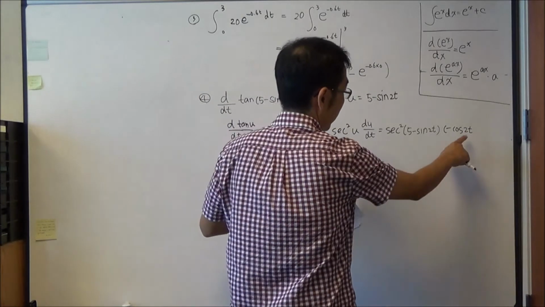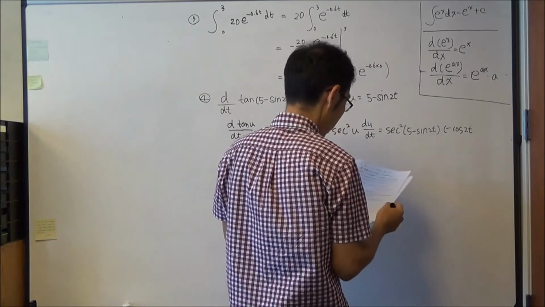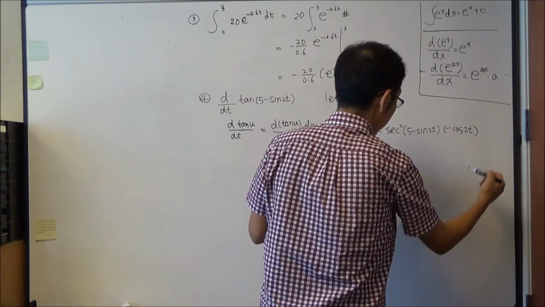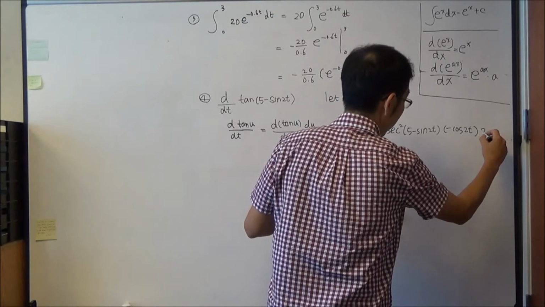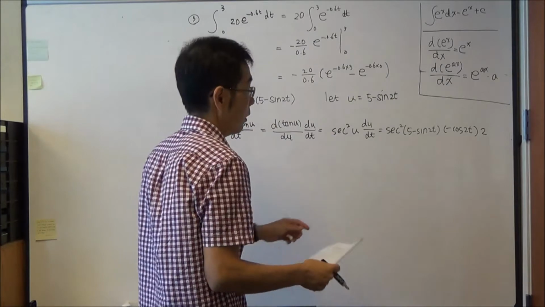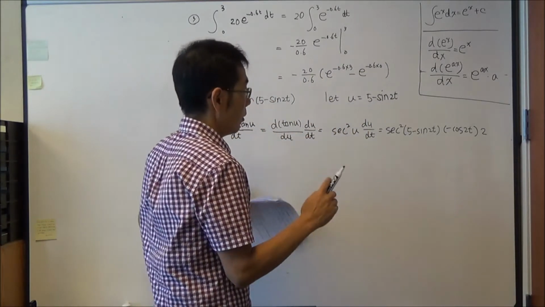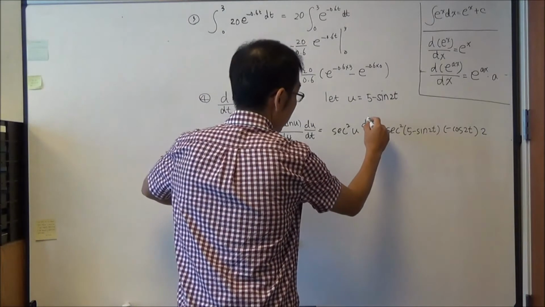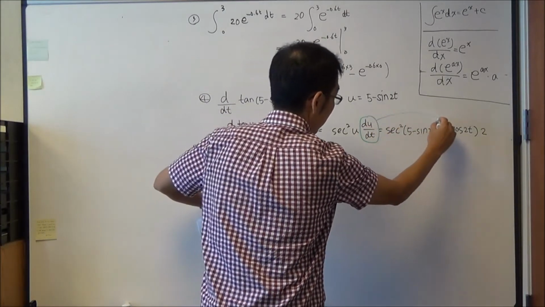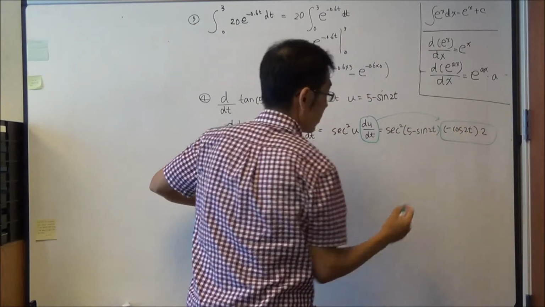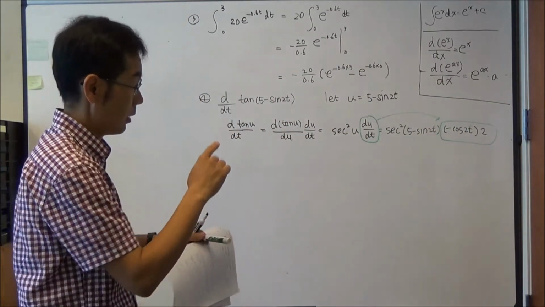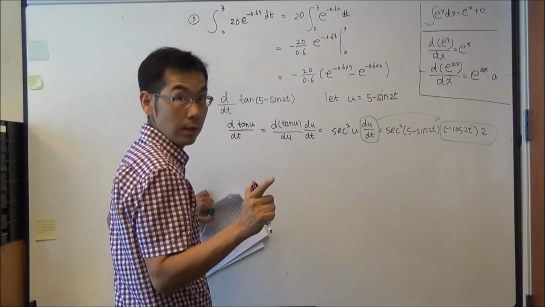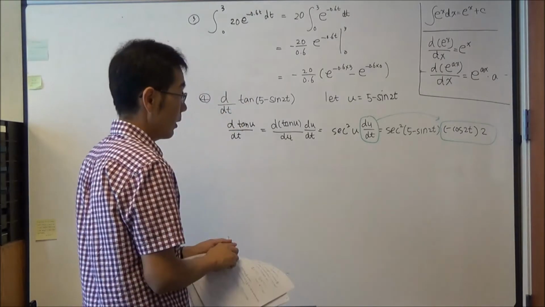And then we have a 2t inside, so I put another 2 at the very last here. So I hope you understand why we got that answer, because right now we just use another chain rule.